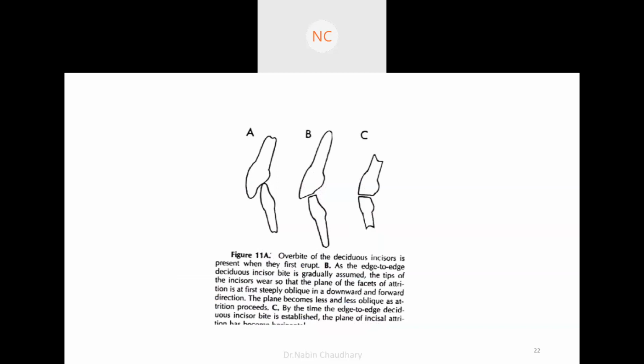So he observed that initially the attrition was oblique in direction, and finally the attrition was achieved in such a way that it is flat and an edge to edge bite is achieved.